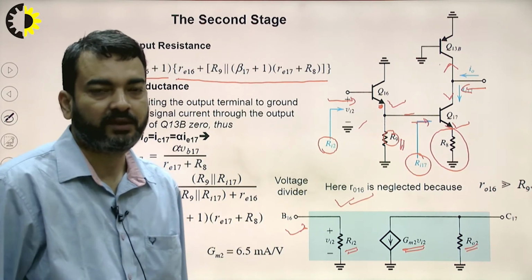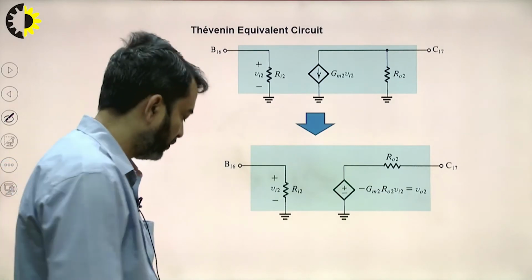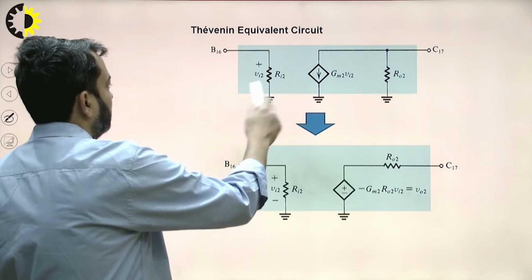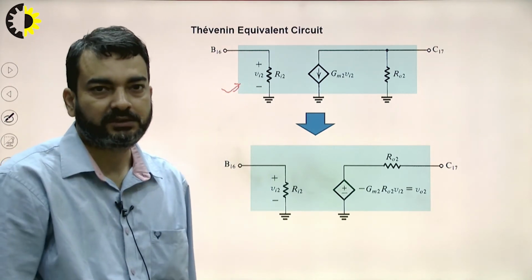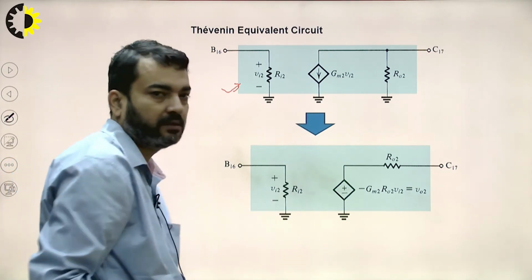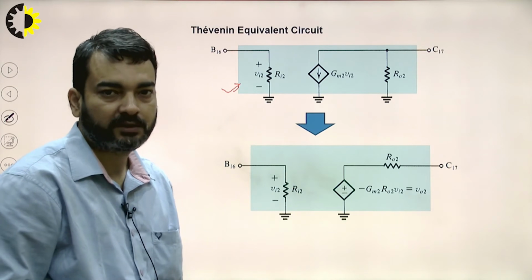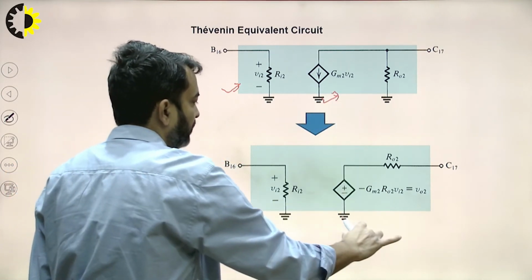One more thing: here, this is the equivalent model of the gain stage and we have converted this equivalent model by using the Thevenin principle. So this current source has been converted into a voltage source.